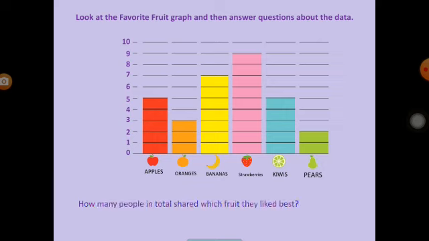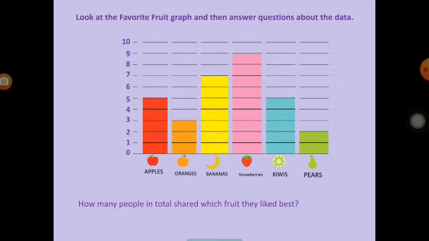The next question. How many people in total shared which fruit they liked best? Here, in this question, I don't have the keyword more or all. So, what can I do?